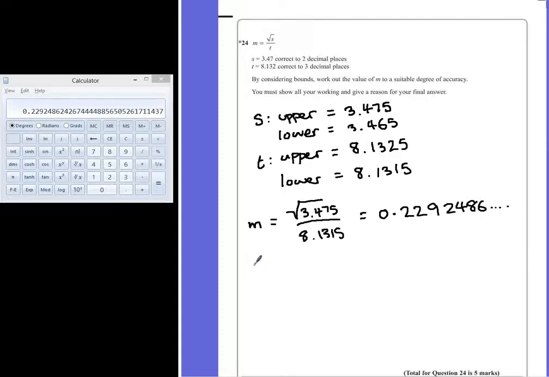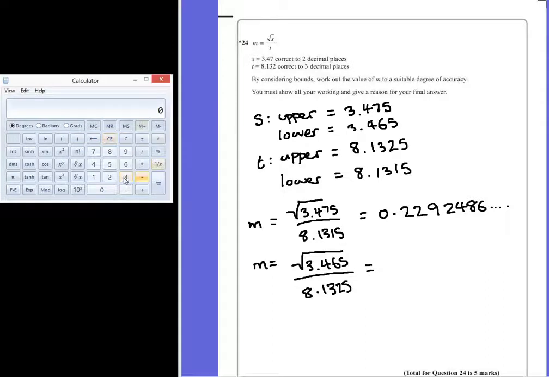So to find the smallest value of m, we need to have the smallest number on the top divided by the biggest value at the bottom. So if we look at our lower bound on the top, we're going to find the square root of 3.465 and divide that by the biggest value at the bottom, which will be our upper bound for t, which is 8.1325.